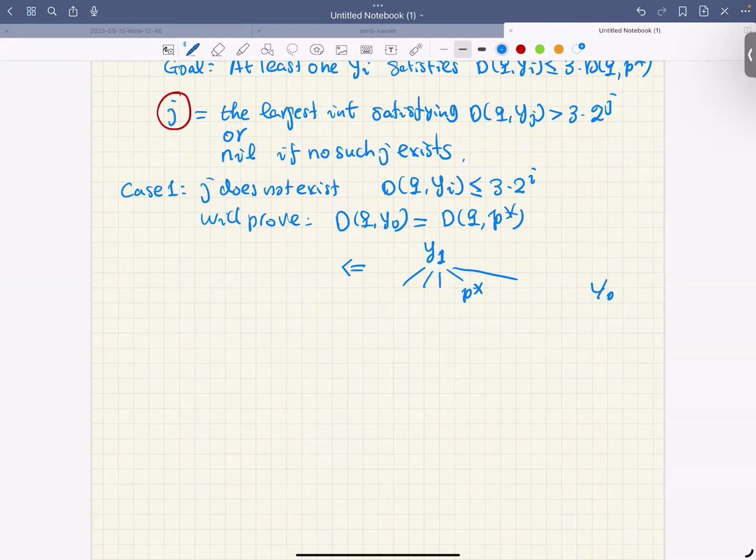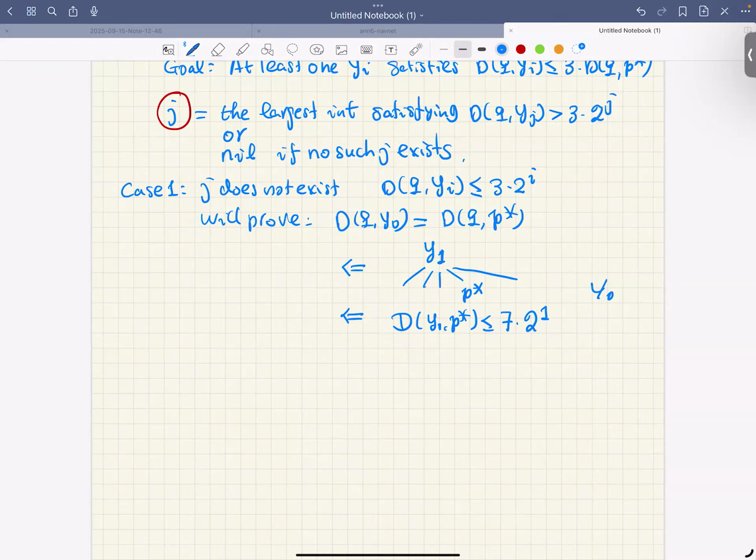So it suffices to show you, well, look at the direction of the arrow, that the distance from Y1 to P star is less than or equal to 7 times 2 to the power of 1. Because that's the magic threshold that I used to decide what should be the out edges of Y1, correct? Okay, so this is my target.